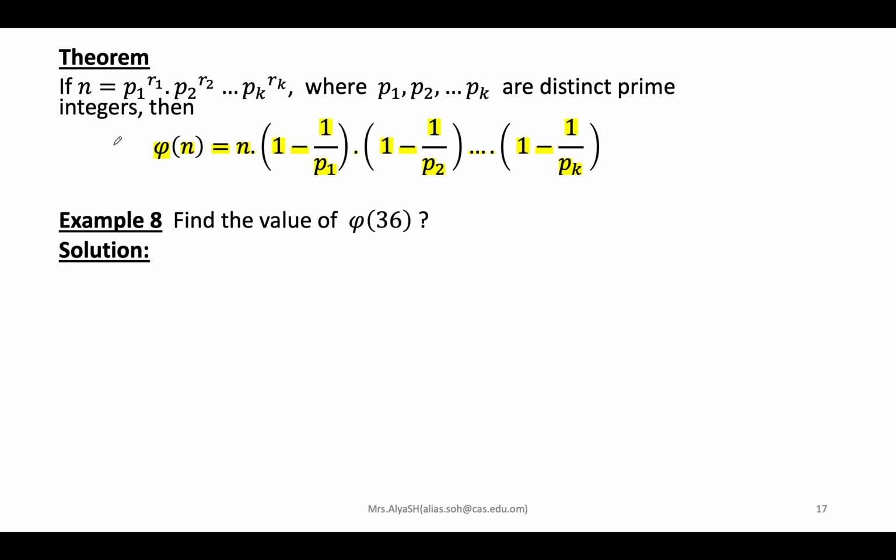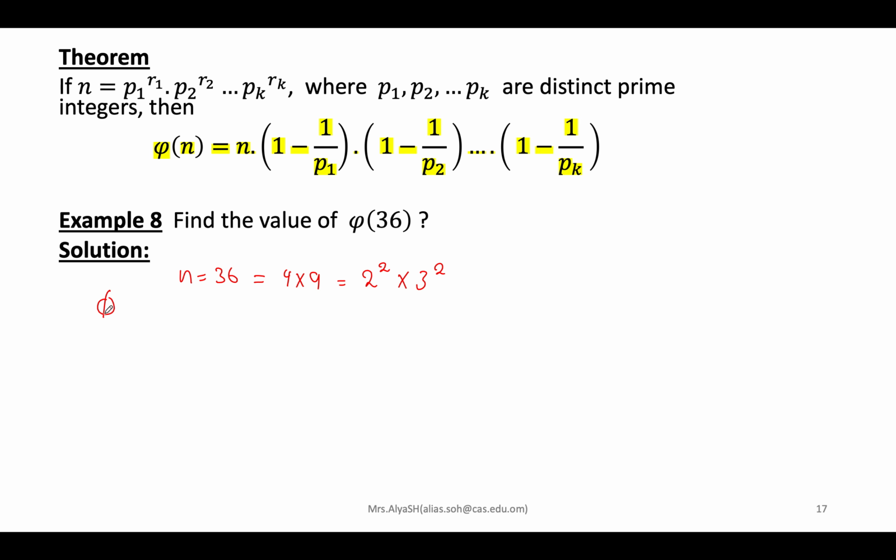What can we do? We can use this function and the function we just identified earlier. So for using the following, first of all, n equals 36, and 36 is 4 times 9, which equals 2 squared times 3 squared. So from here, I can use the following function.